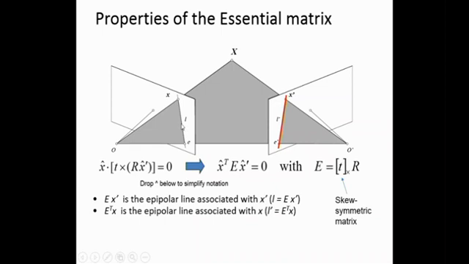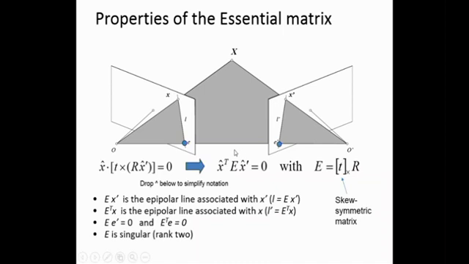So if I do E transpose times this point, I get this line. E times e prime and E transpose times e, if I multiply E by the epipoles, I get 0, because these epipoles are going to be on any epipolar line that I draw.